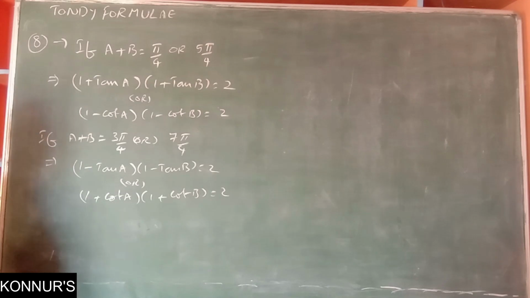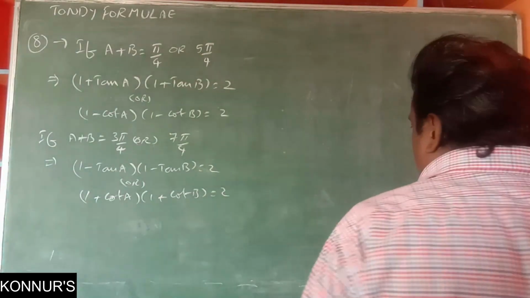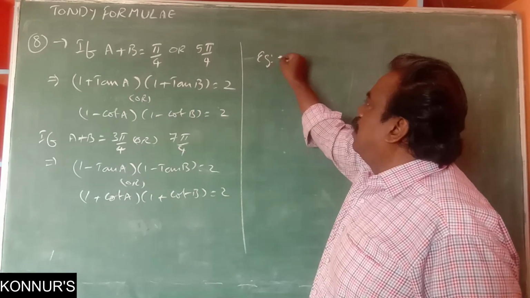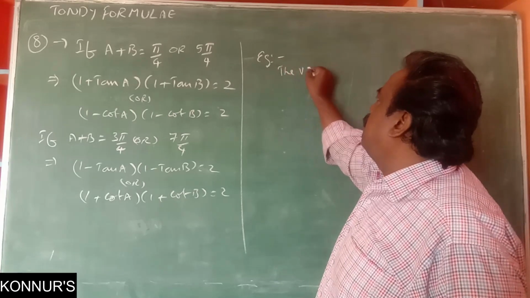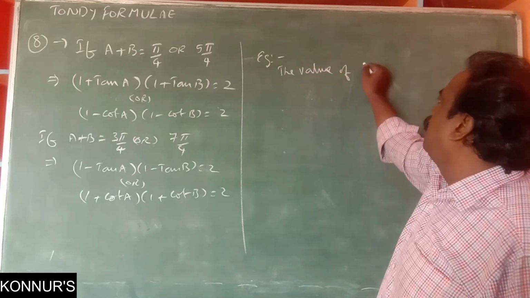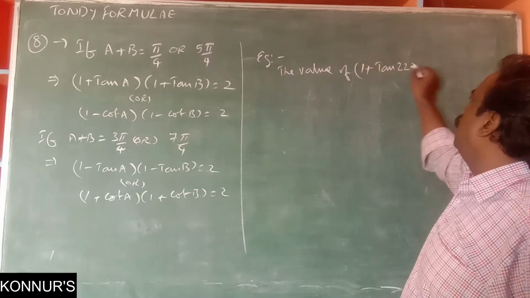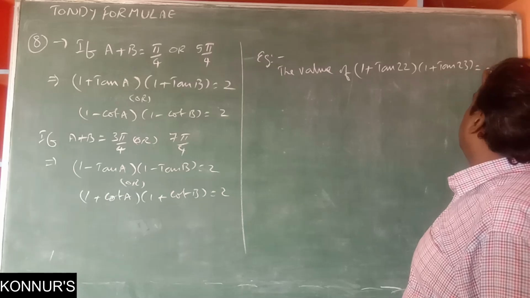Okay, now you see, I will give an example. What is the value of (1 plus tan 22) times (1 plus tan 23)?